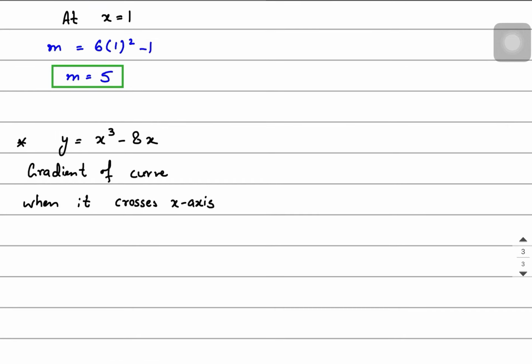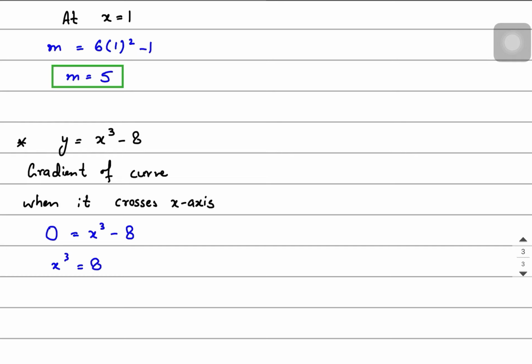So when it crosses the x-axis, it is going to be y equals to 0. Let's say it was x cube minus 8, sorry. So if the curve is crossing the x-axis, then the y value is 0.